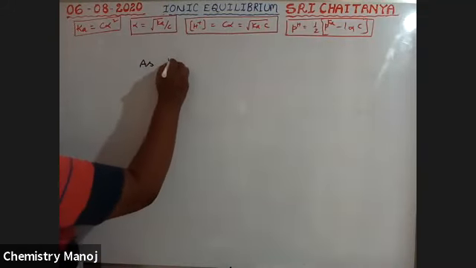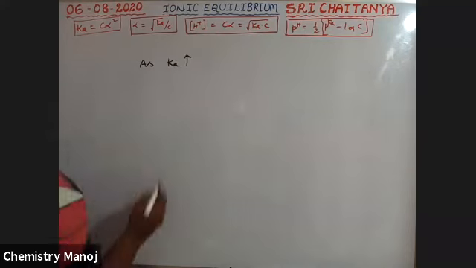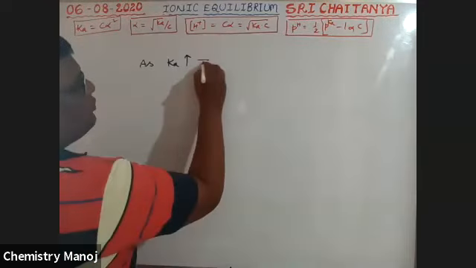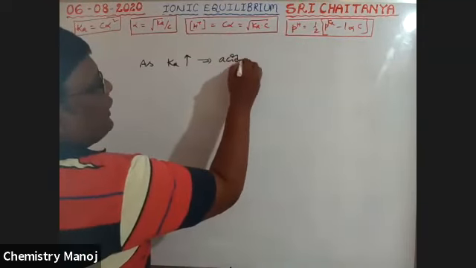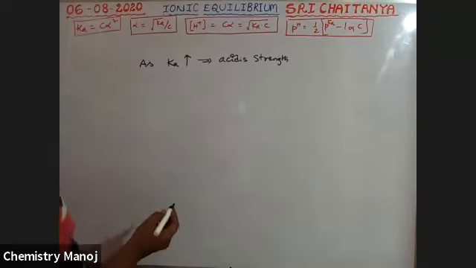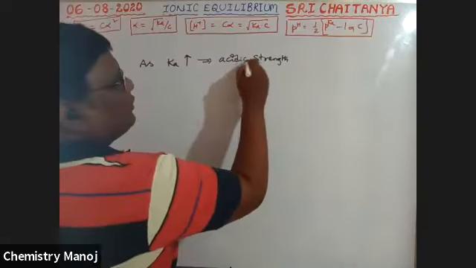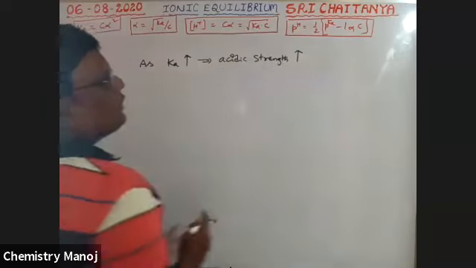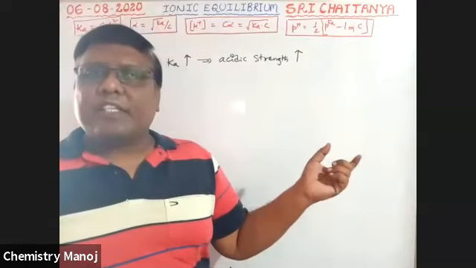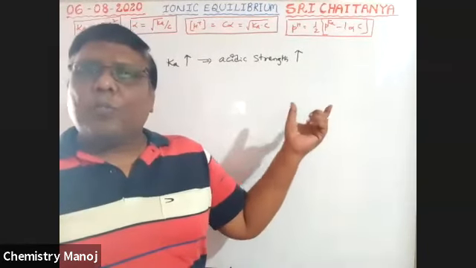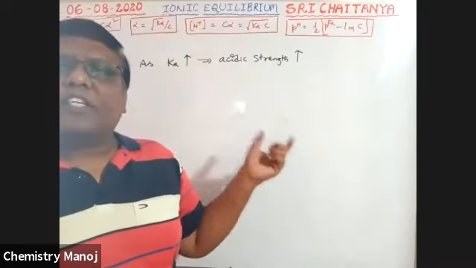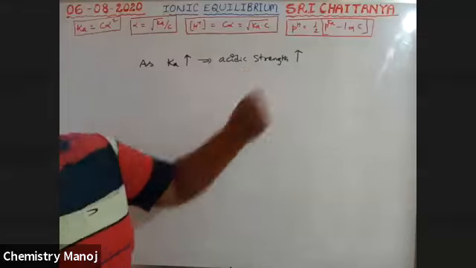Very, very important: as Ka value increases, acidic strength also increases. Ka means dissociation. As dissociation increases, Ka value increases because more ions are produced. That means ionization increases, dissociation increases, acidic strength increases.